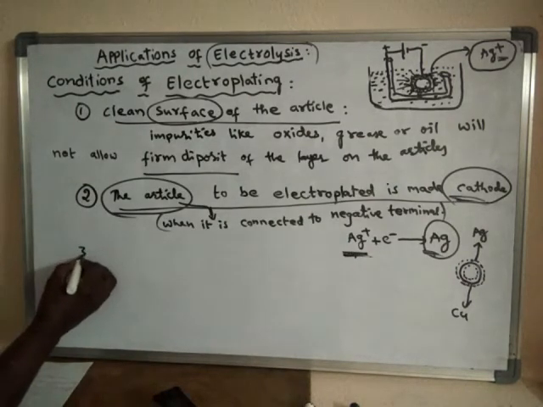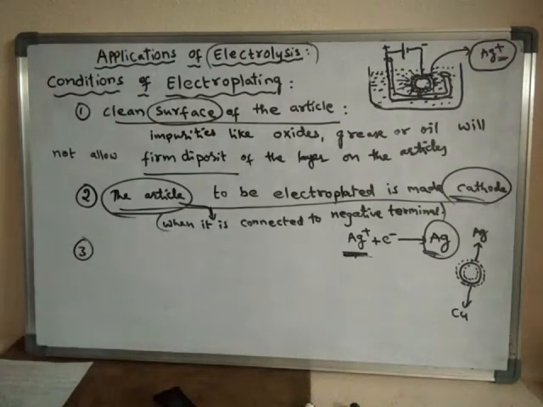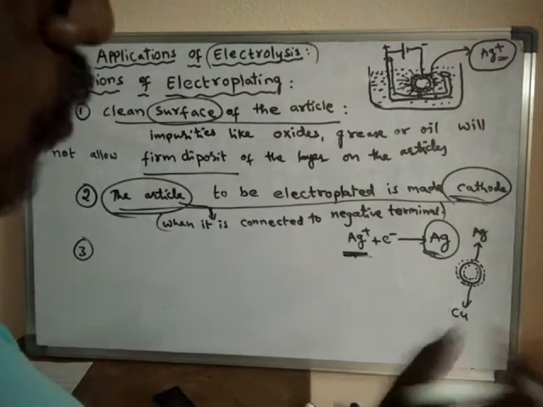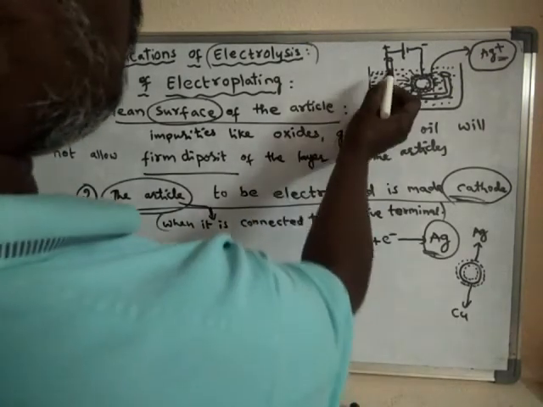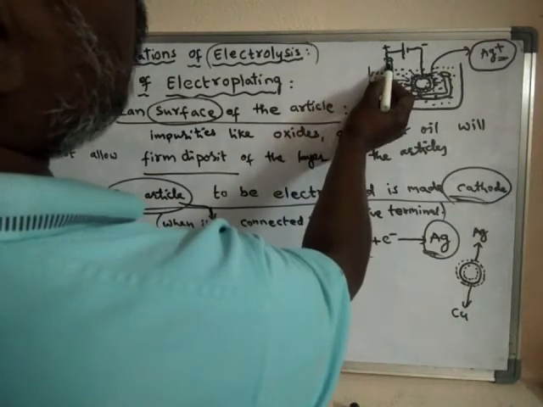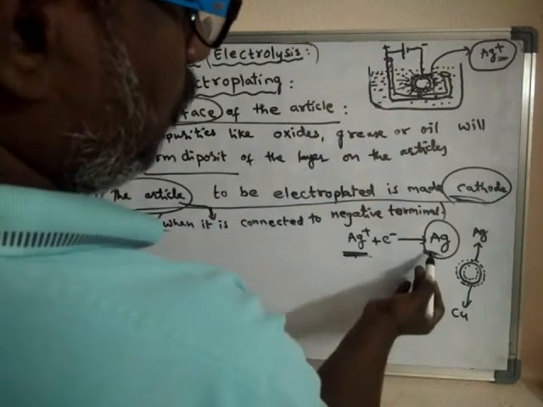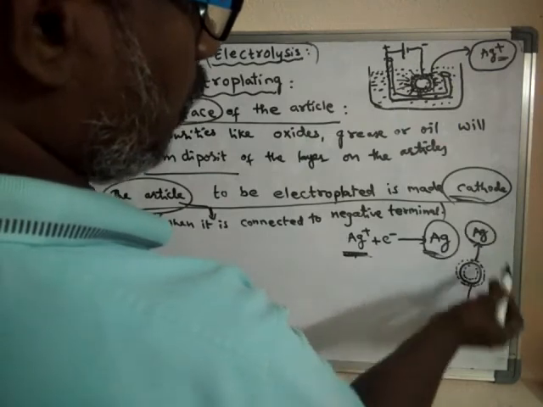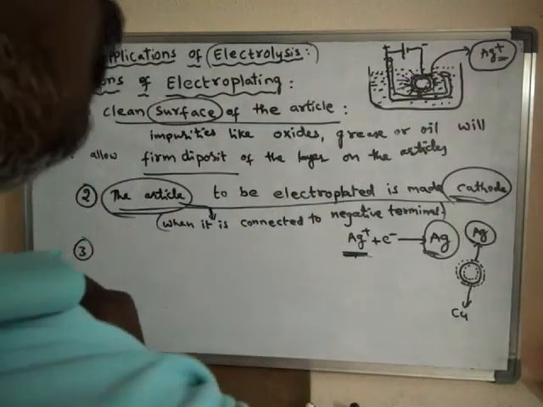Now the third condition. What is the third condition? The metal to be electroplated is made the anode. The most important thing is, here we are going to deposit silver on copper.